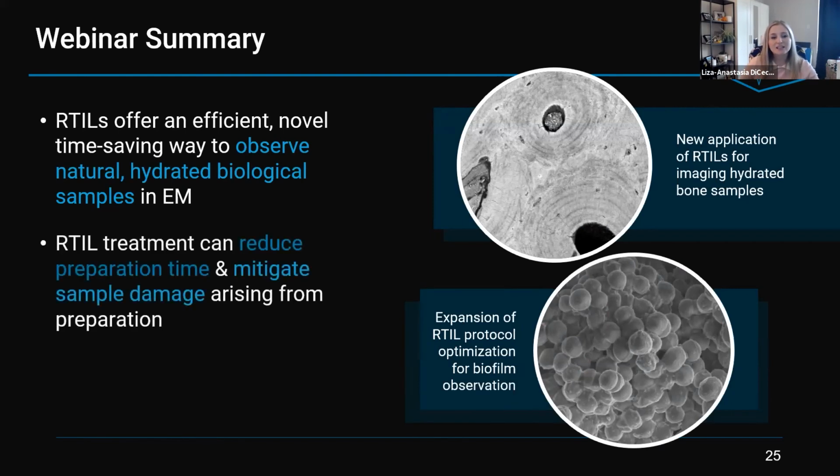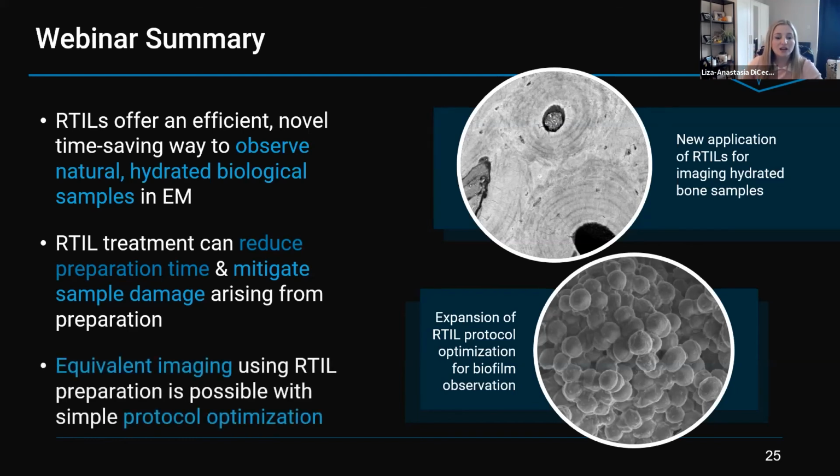A key thing that this method can do is mitigate sample damage arising from preparation and save you time on these laborious conventional means of preparing samples. And we found that you can get comparable imaging with the right protocol optimization using this methodology.